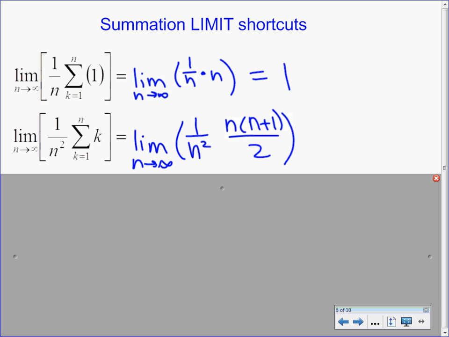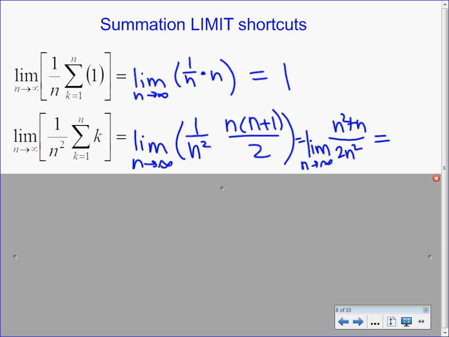Okay. Now, we have to remember back to limits. We have the limit as n approaches infinity of n squared plus n over 2n squared. When we look at limits towards infinity, and we're talking about a rational function, what are we looking at?